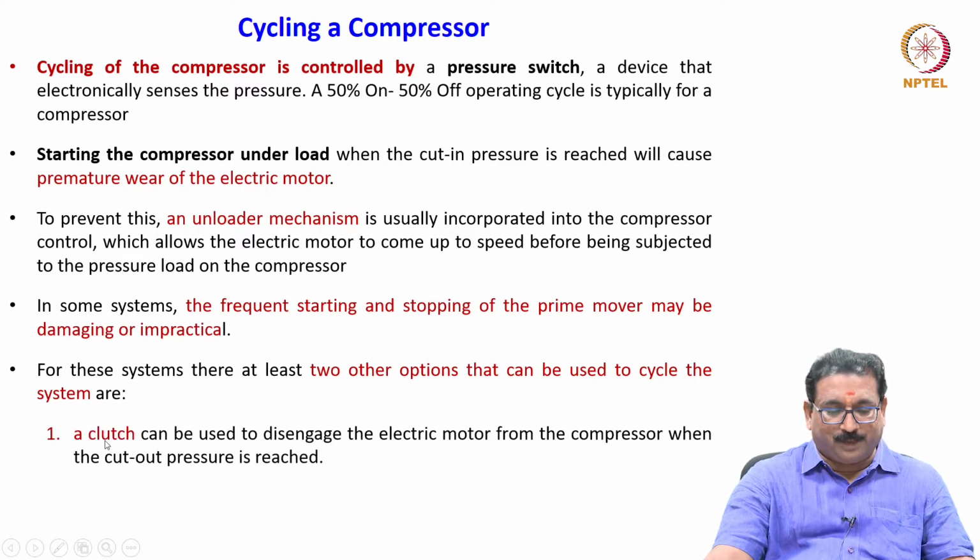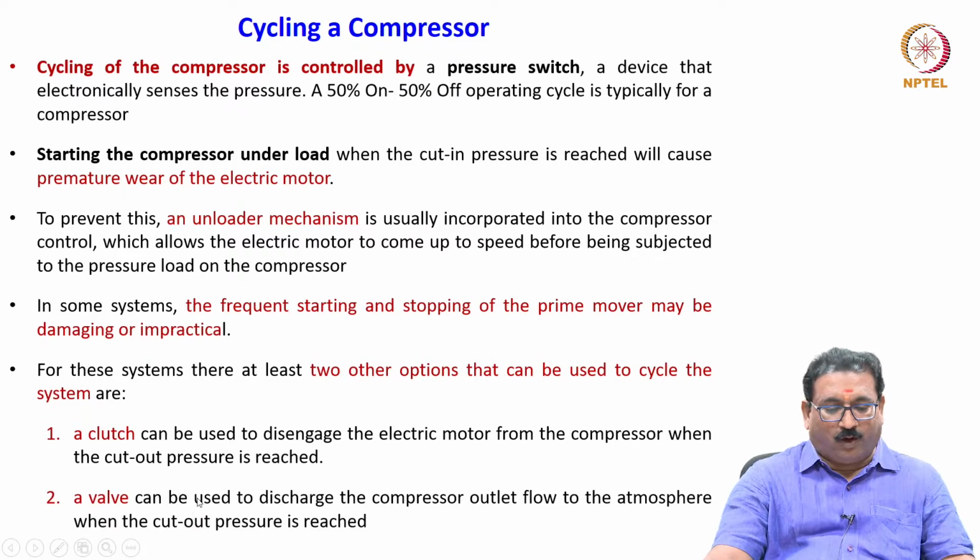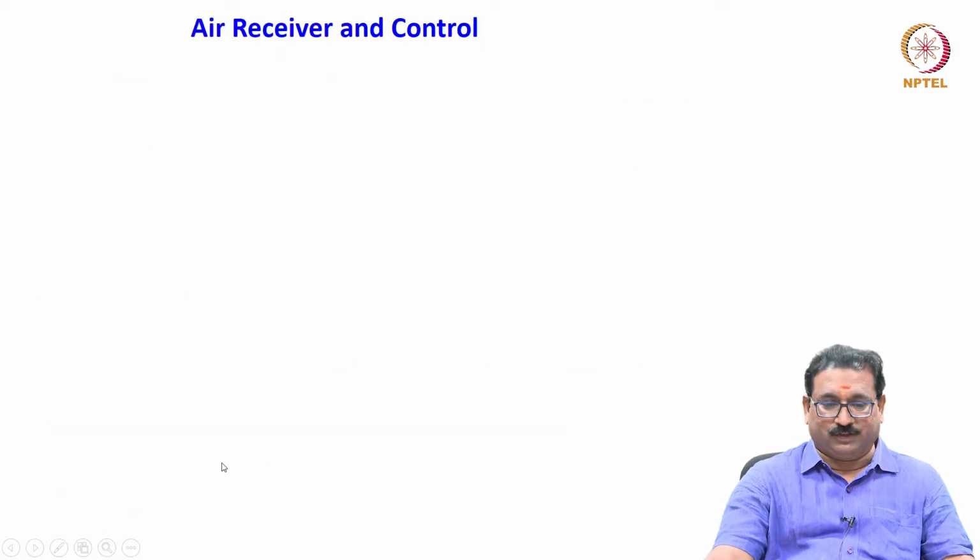They are: a clutch can be used to disengage the electric motor from the compressor when the cut-out pressure is reached, or a valve can be used to discharge the compressor outlet to the atmosphere when the cut-out pressure is reached. Any of these arrangements you can use. I will show you with a schematic how they achieve this.